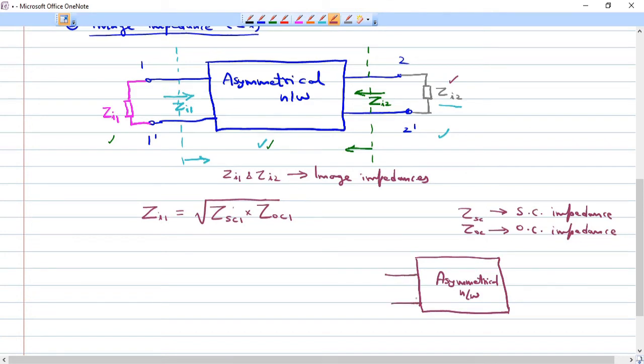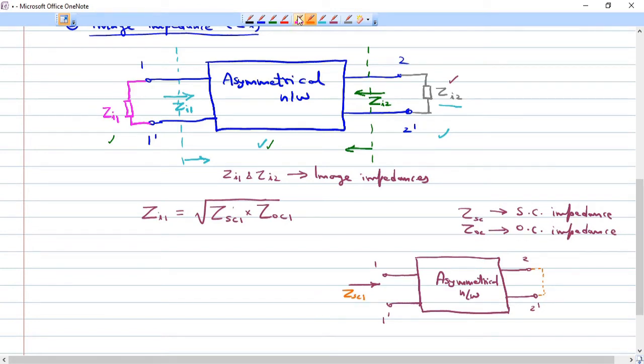We are looking at this network from the input side, and we are trying to find out the image impedance with respect to this input side, that is the 1 dash terminal. So this is the 2 dash terminal. When you look at this network from this side and short circuit the output port, that is the 2 dash terminal, you will get ZSC1.